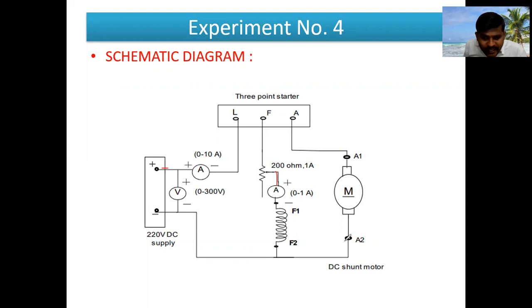A2 and F2 get short circuited or it may be common. A2 and F2 काय केलेले आहेत, common आहेत, and it is connected to negative terminal of the supply. Supply च्या काय केलेले आहे, negative. So this is the simple diagram or the simple connection diagram for performing this type of test, that is Swinburne's test. Swinburne's test perform करण्यासाठीची simple diagram. Okay. Now we will perform the actual test.